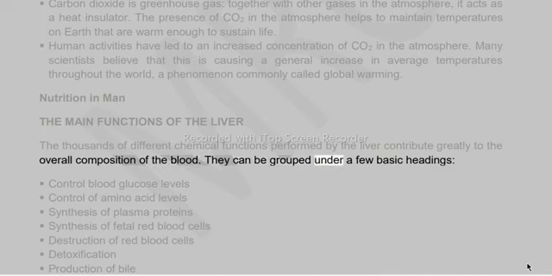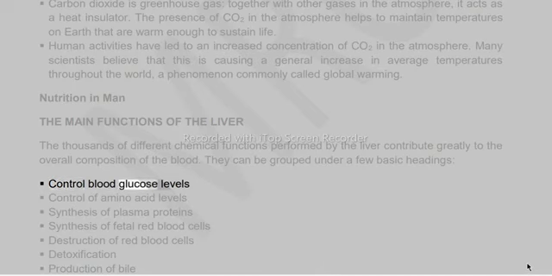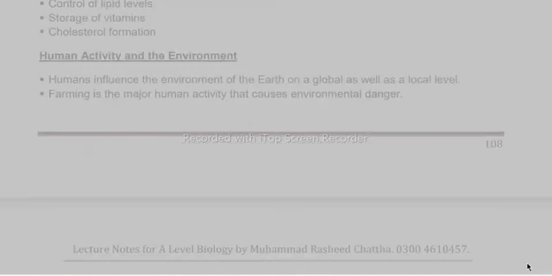They can be grouped under a few basic headings: control of blood glucose level, control of amino acid levels, synthesis of plasma proteins, synthesis of fetal red blood cells, destruction of red blood cells, detoxification, production of bile, control of lipid levels, storage of vitamins, and cholesterol formation.